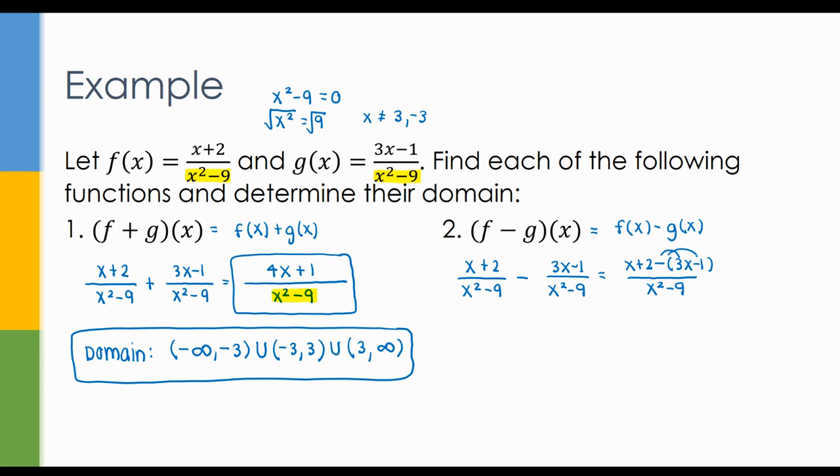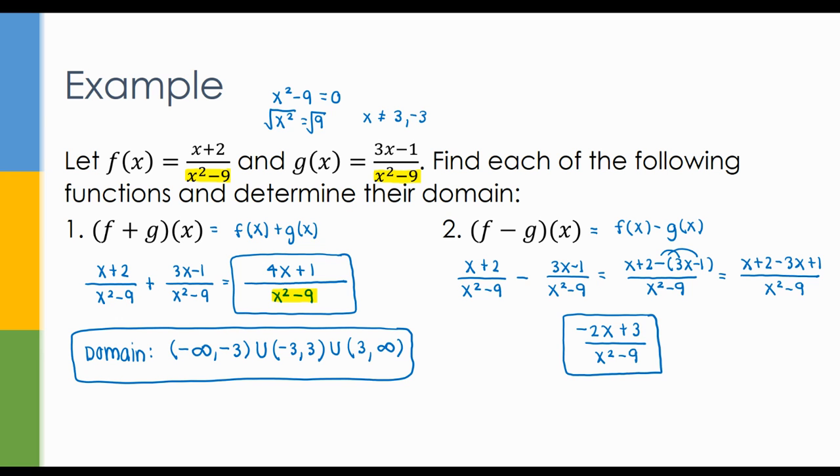So I have to distribute the negative to both the 3x and the negative 1. That gives us x plus 2 minus 3x plus 1 in the numerator. When I combine those, x minus 3x gives us negative 2x, and 2 plus 1 is 3. This is all over x squared minus 9. So this would be my difference.